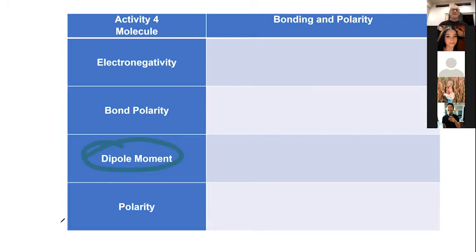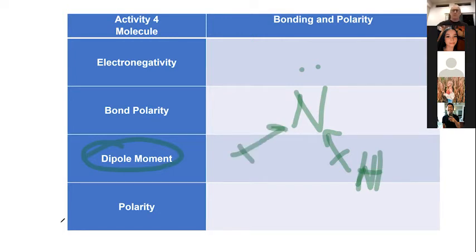So what's the difference between, let's go back to NH3. This is what it's going to look like. That's a hydrogen. That's a hydrogen. And that's a hydrogen.